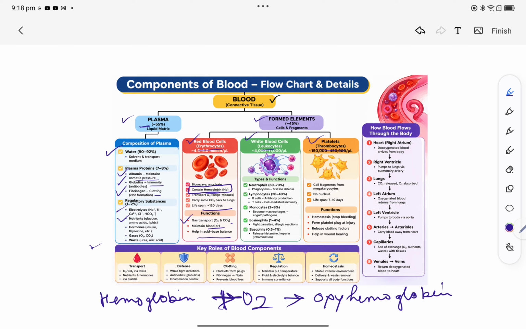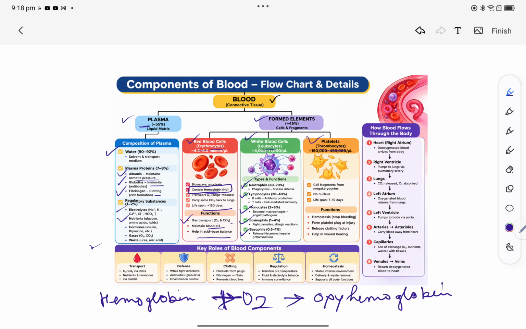In white blood cells, we can classify them into a few types: neutrophils, lymphocytes, monocytes, eosinophils, and basophils. These all have their own characteristics and functions, and together they form our defense system and help us fight different diseases.